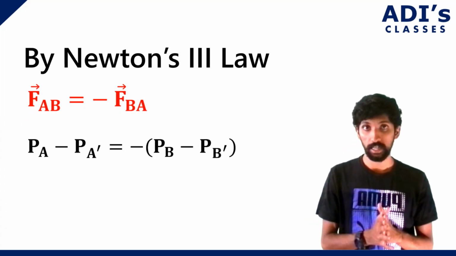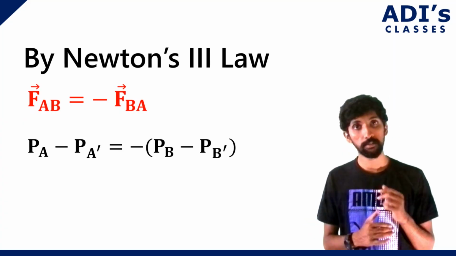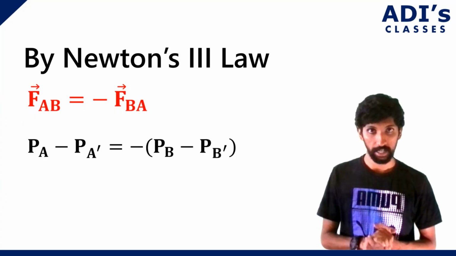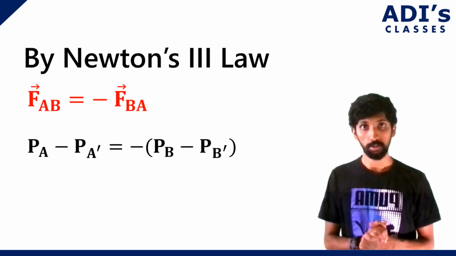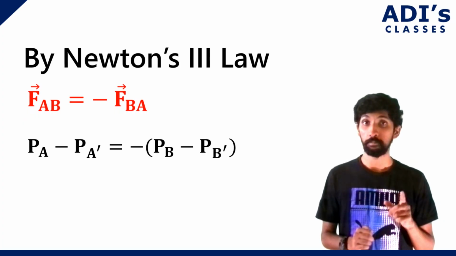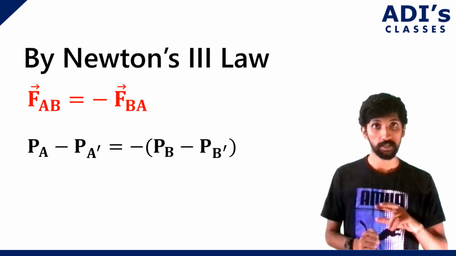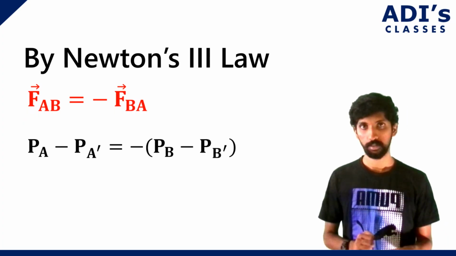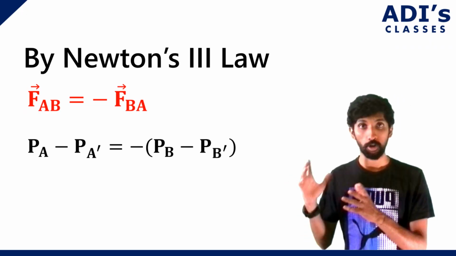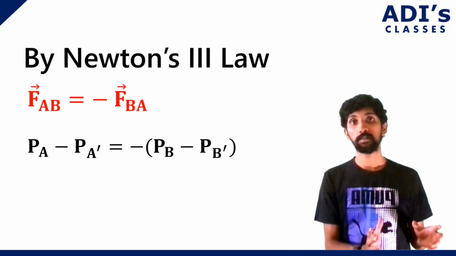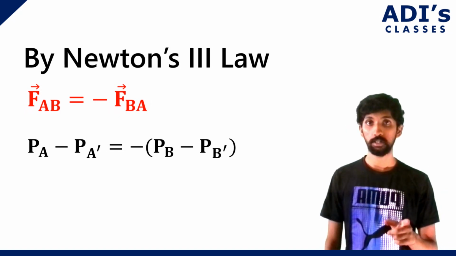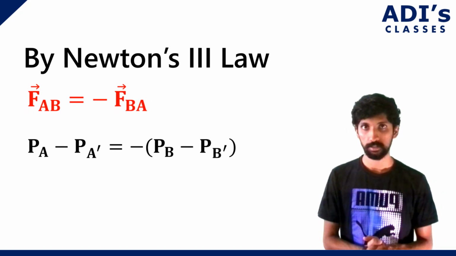If you look at this, what we get is PA minus PA dash, which is nothing but the change in the momentum. So PA minus PA dash should be equal to minus of PB dash minus PB, the change in the momentum of object B. Now remember, according to Newton's third law, it should be minus, so we put a minus.